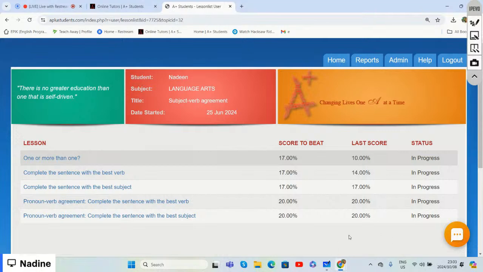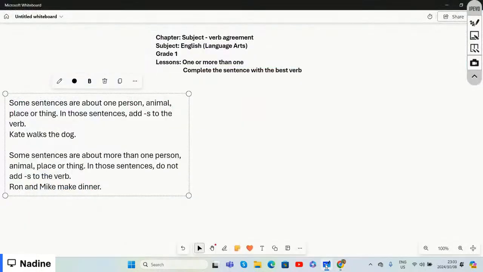All right. So our chapter is subject verb agreement. Our subject is English language arts. We're doing grade 1.